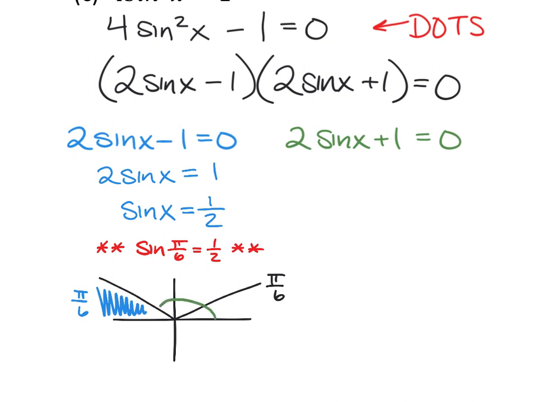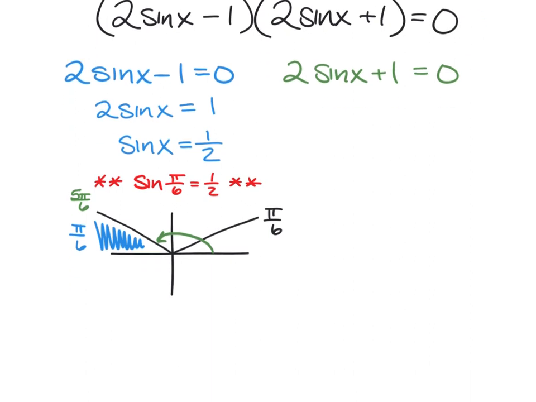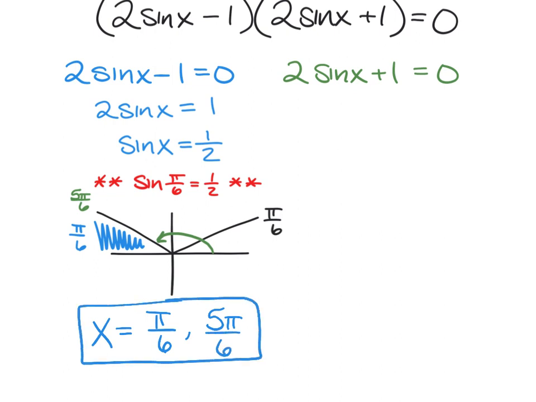I want the obtuse angle. Yeah, 1 less than 6. So for the blue equation, the two solutions are pi over 6 and 5 pi over 6. After lunch, we will do the green side.